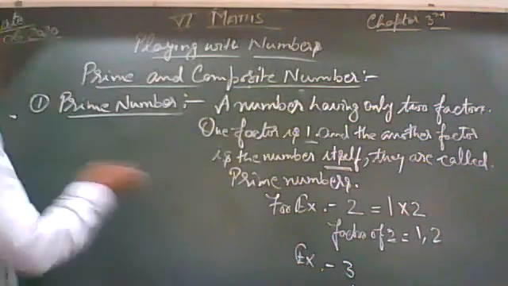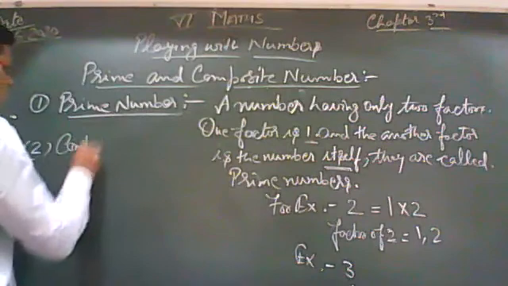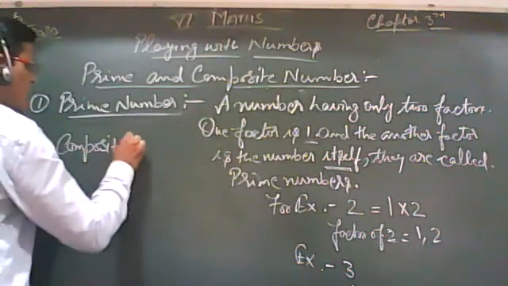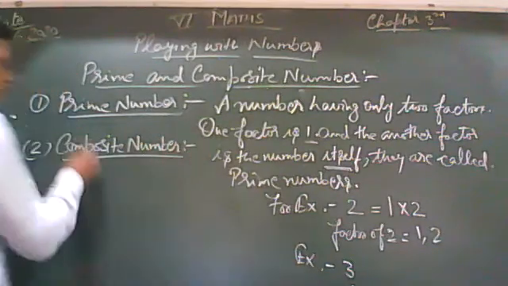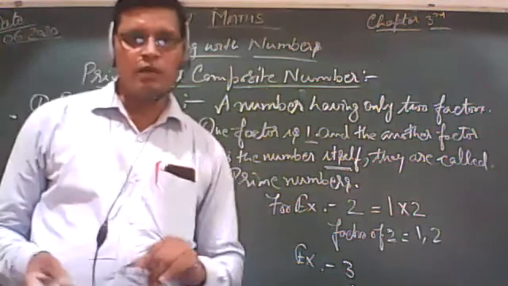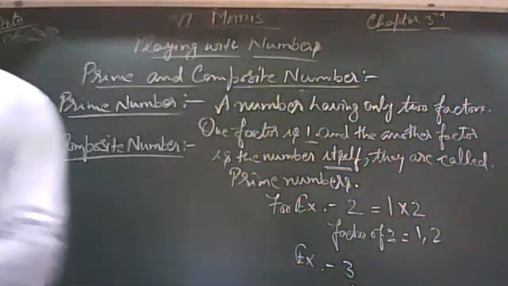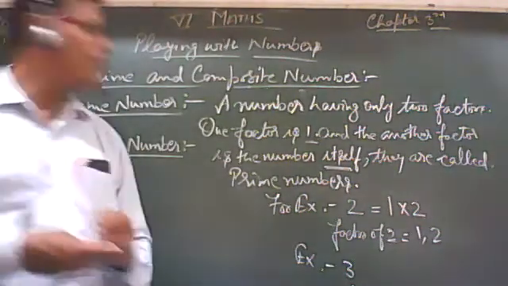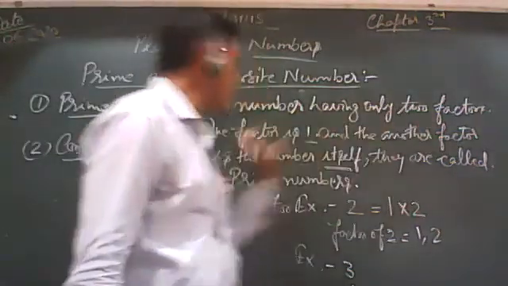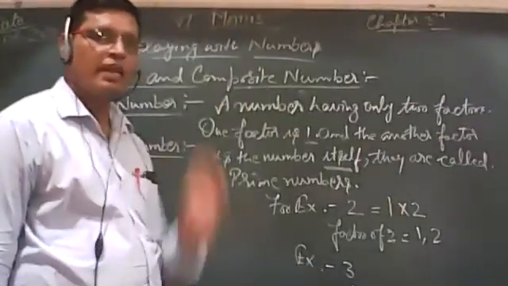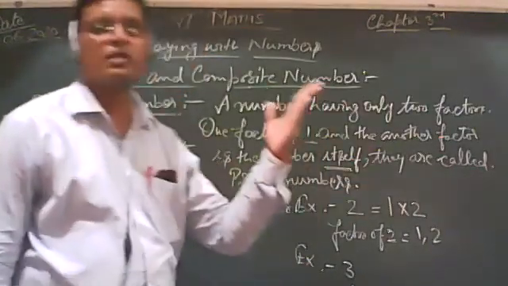Now, the second definition is composite number. A number having more than two factors, they are called composite numbers.